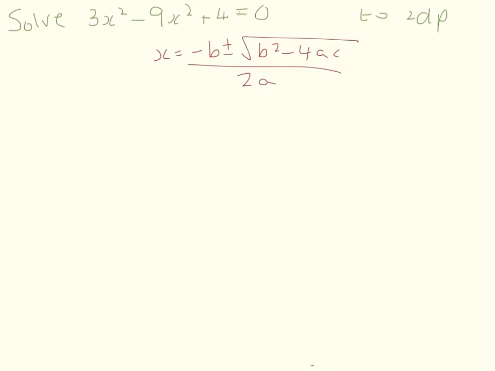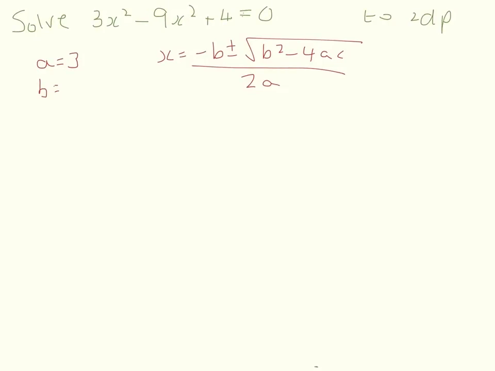Okay, so we look at the equation at the top, and it is equal to 0, so I can just state what a, b and c is. a is 3, b equals minus 9, so you've got to watch out for your sign there, and c is 4.